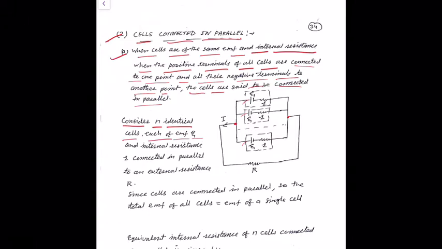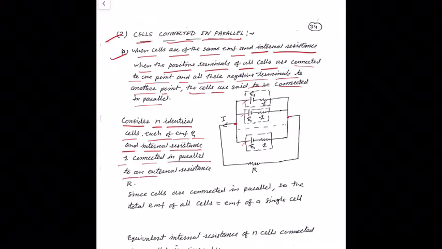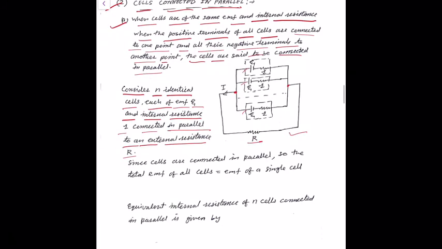Consider n identical cells, each of EMF E and internal resistance r, connected in parallel to an external resistance R, as shown in the figure.